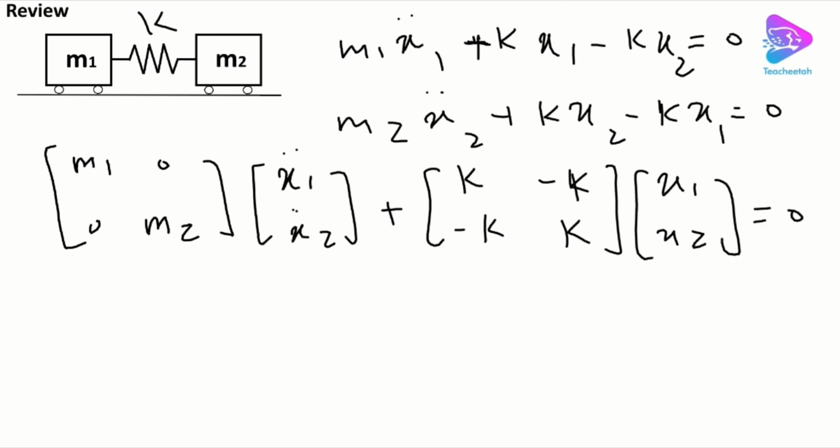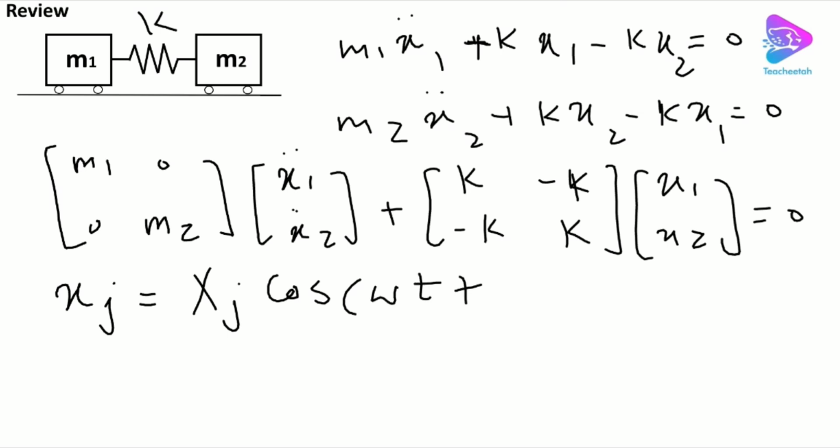Then, as you remember, we set xj equal to X_j cos(omega t plus phi_j), where j is 1 and 2.